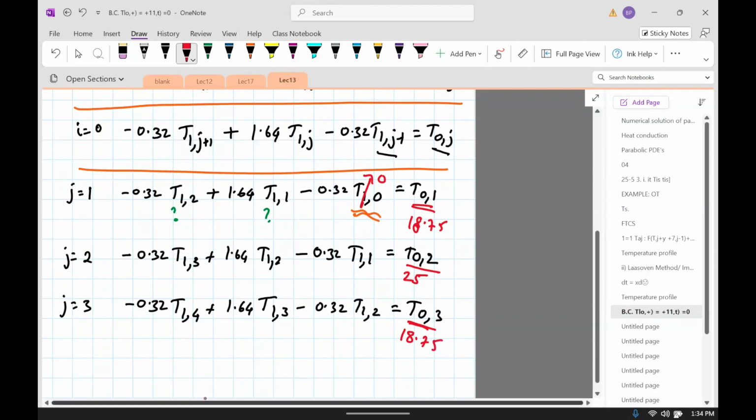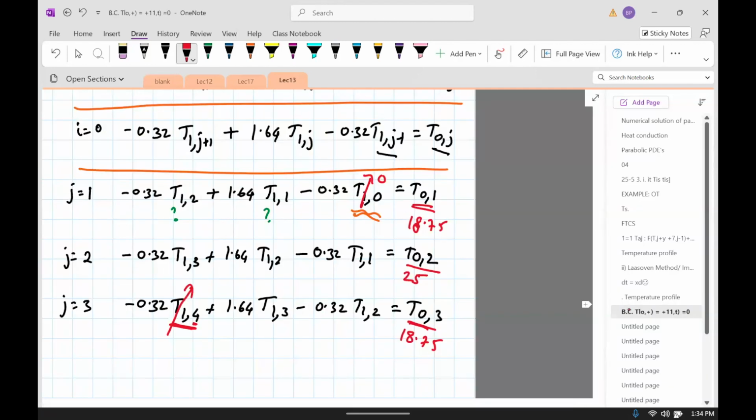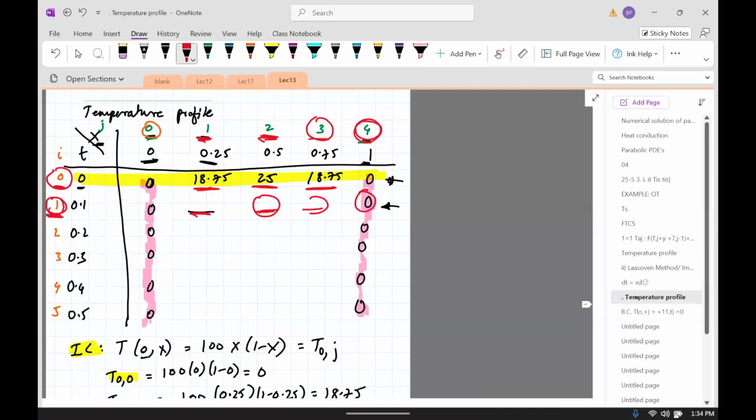Out of all these values, I think t1,4 is known, it's a boundary condition. So i is 1, j equals 4, so it's this value, it's 0. And then 1,3 and 1,2 are unknown, so we can't write them down.